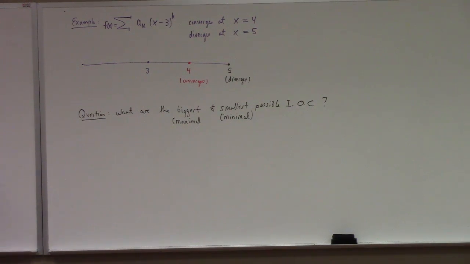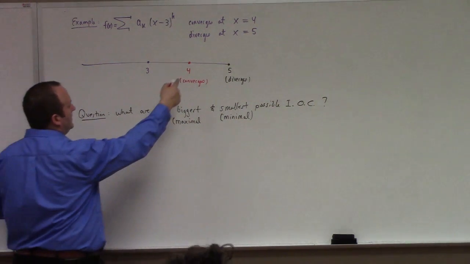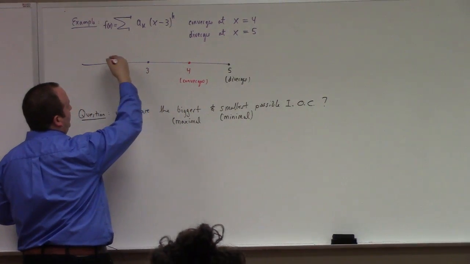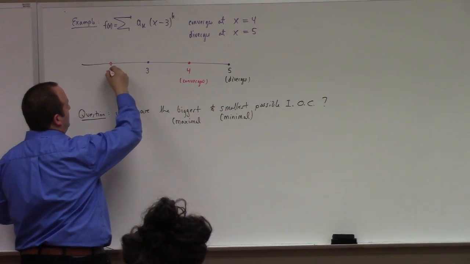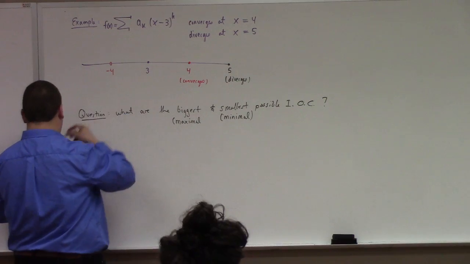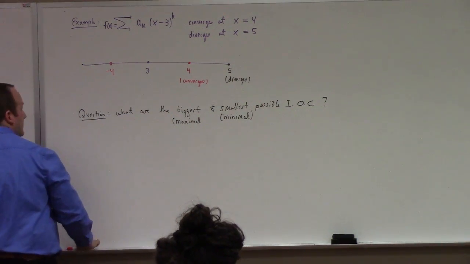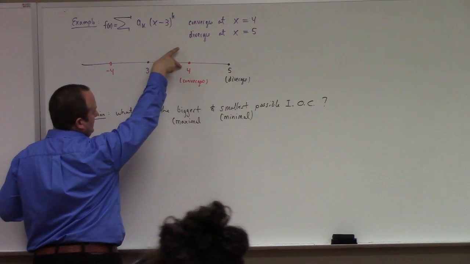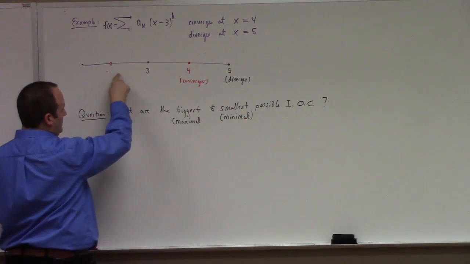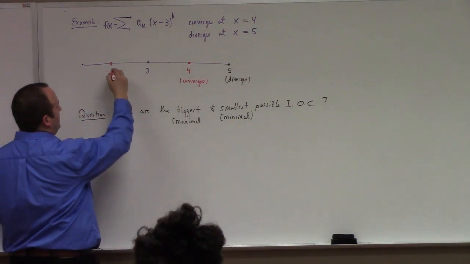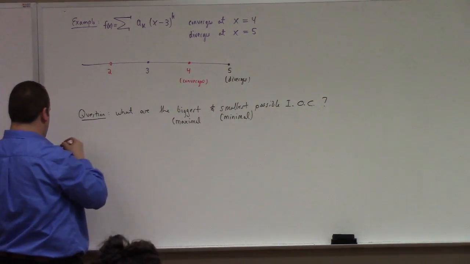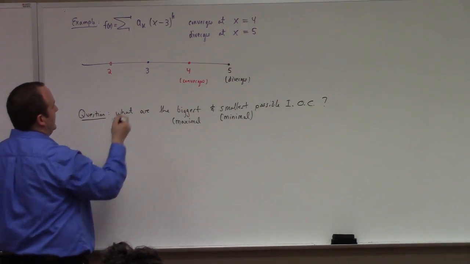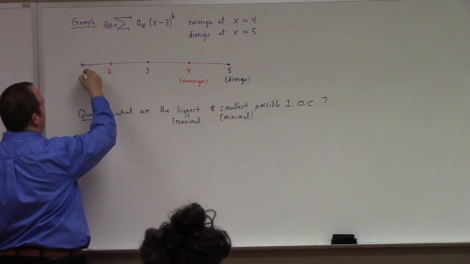Juxtaposed to 4, you have what over here? Oh, I'm sorry, not -4. How far is this? 1. So what should I put here? Yeah, 2, right? And then on the other side of 3, relative to 5, we've got this point over here, which is 1.